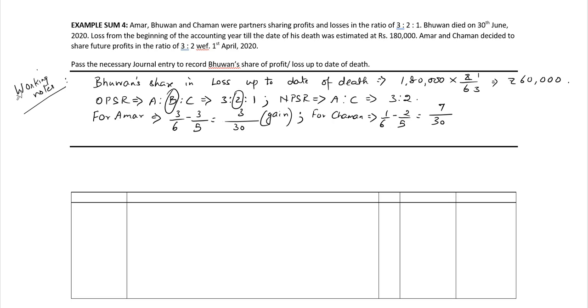We have a negative 7 divided by 30 and Chaman also gains. So we can infer that the gaining ratio between Amar and Chaman is equal to 3/30:7/30 or 3:7. Let's go ahead with the solution.